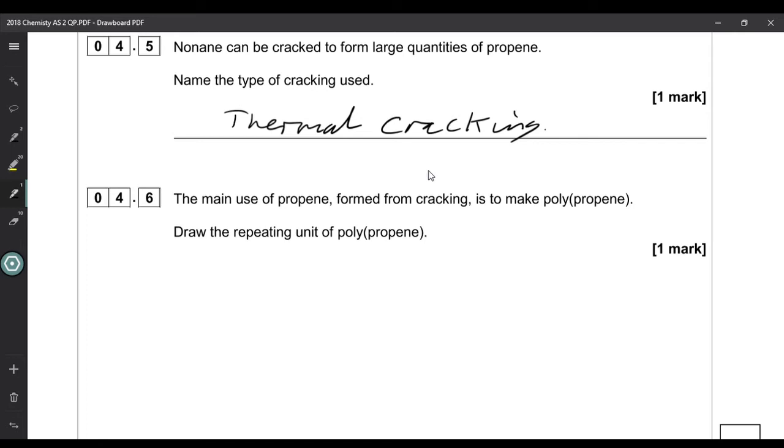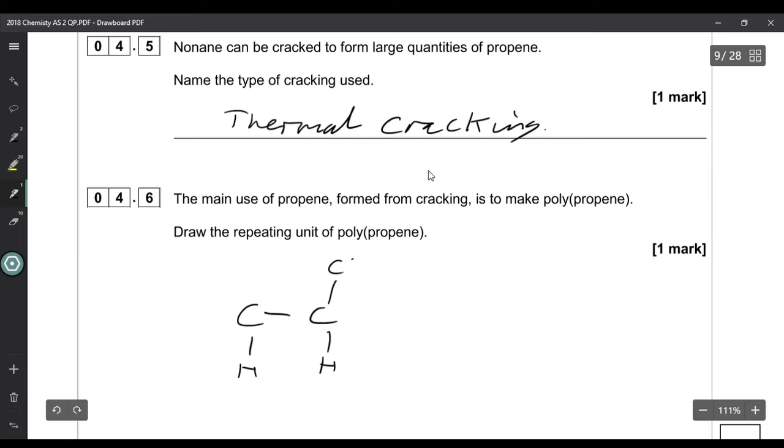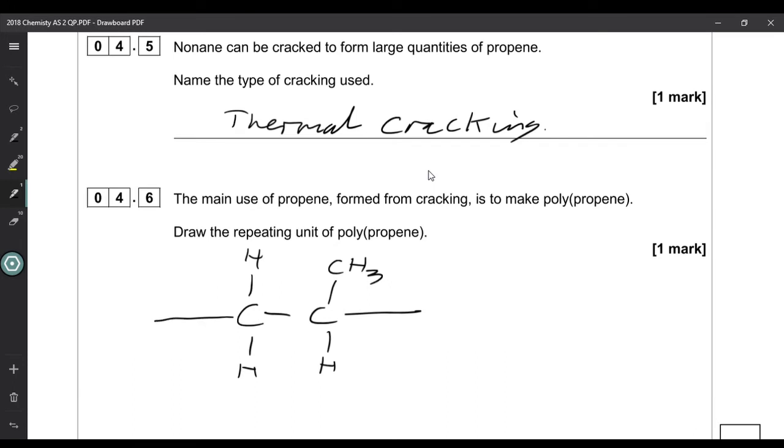So what we need to do is draw the formula for propene, and the way that it forms a polymer is through the bonds either side of this. You could put the brackets on, but they would just be ignored during the question. But that would be our repeating unit of polypropene.